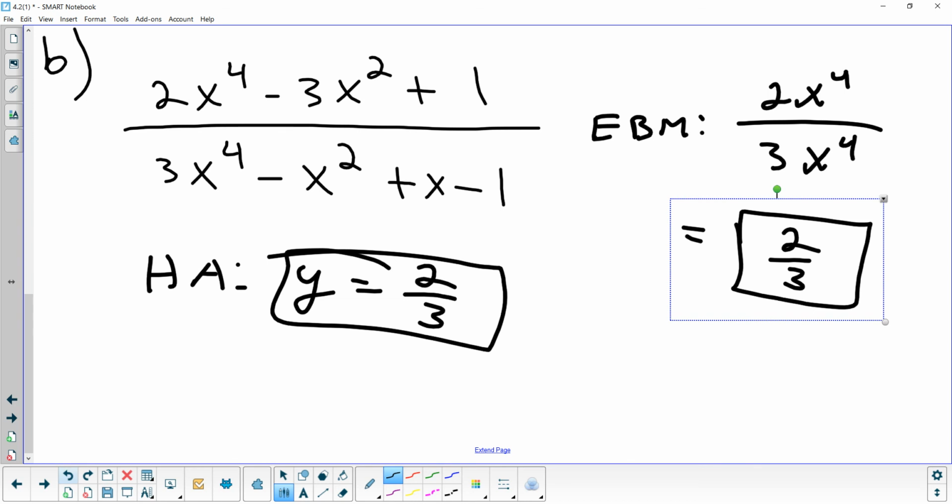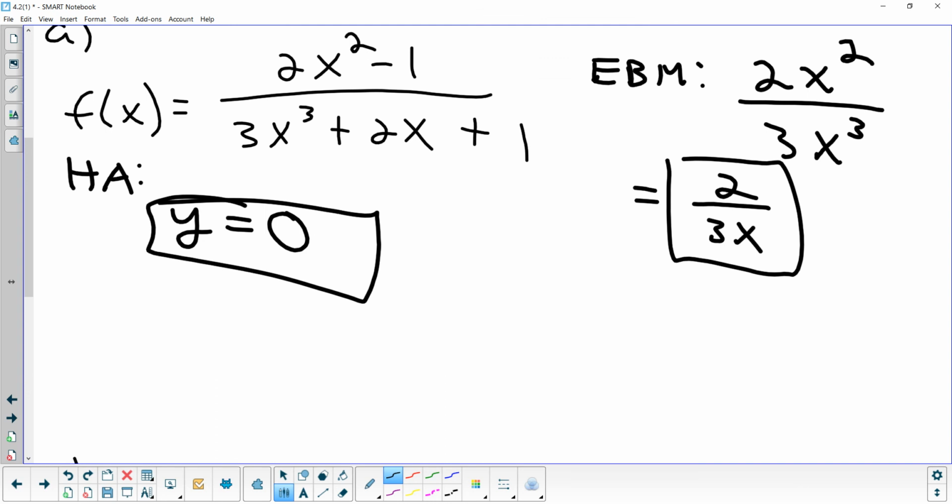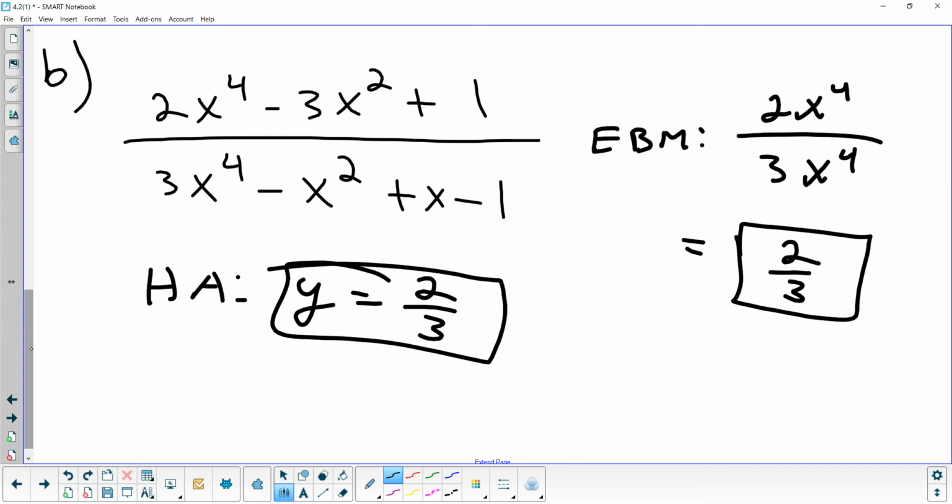The horizontal asymptote today is always going to be one of two things. It's either going to be 0 if the degree in the bottom is larger, or it's going to be a number if the degrees are the same. Those are the only two things that will happen today.